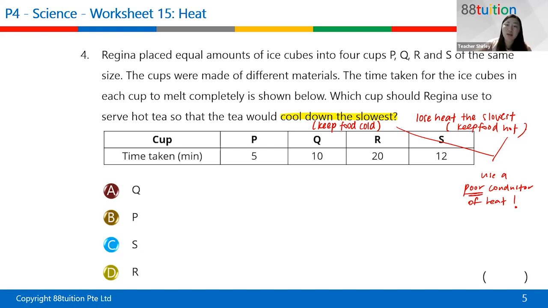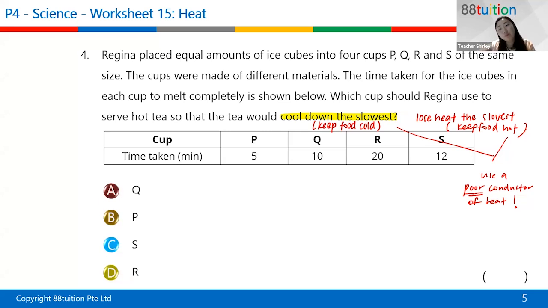Because, let's say for example with the ice cream, we put the ice cream inside a container that is a poor conductor of heat. Then we do not want to lose heat to the surrounding fast, right? We want the ice cream to be cold. So we want a poor conductor of heat, because if heat is conducted very fast, the ice cream will gain heat and melt, which is not what we want.